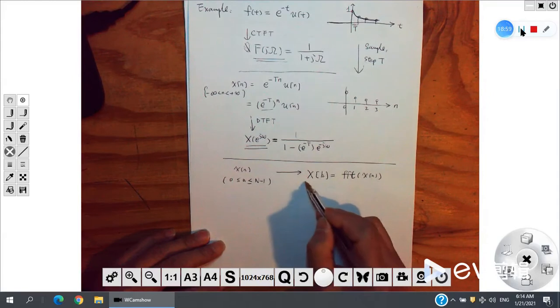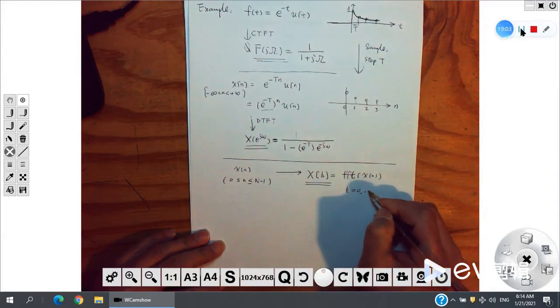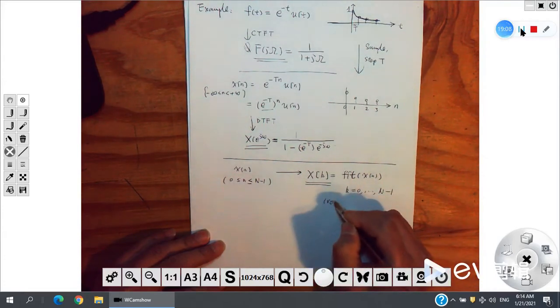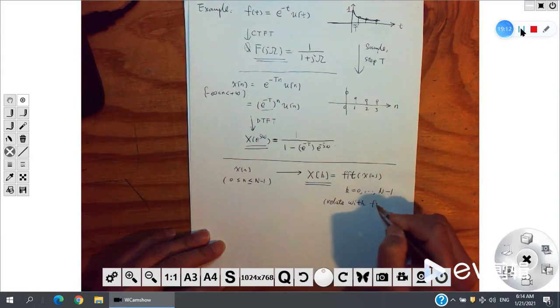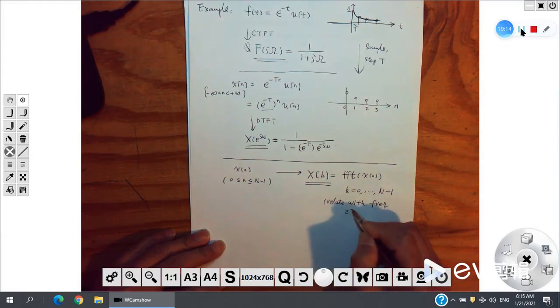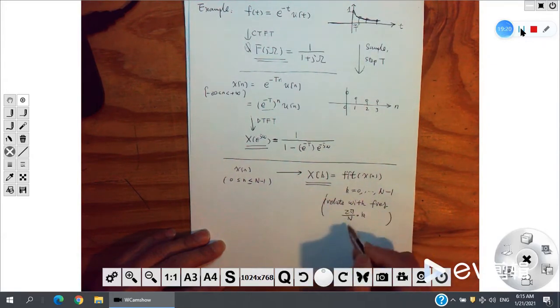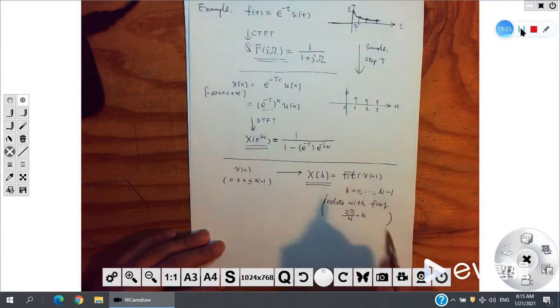Here is a list of values, k running from 0 to N minus 1, related with frequency 2 pi over N times k, right? For every k, you have this value. This value will be the weight of the frequency component at this frequency, right?